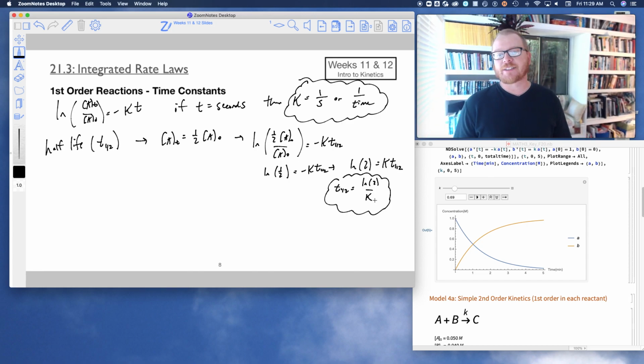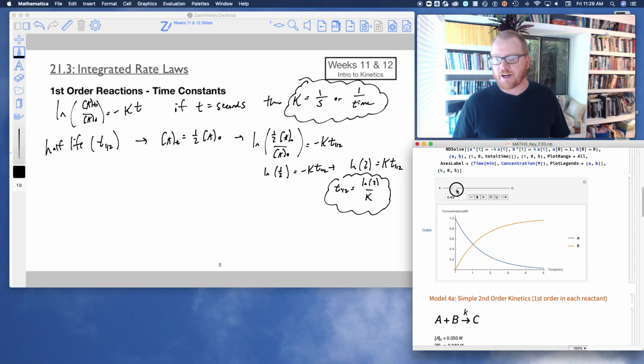All right, and you can see because it's 1 over k, a large k owes to a small half-life. So that's the same way as saying a large k is a fast reaction, which is like what I showed you right here, right? When I jack k way up, the reaction gets much faster, okay?